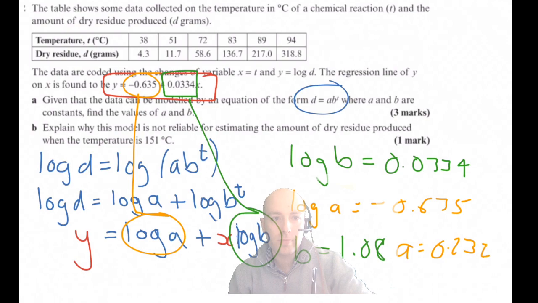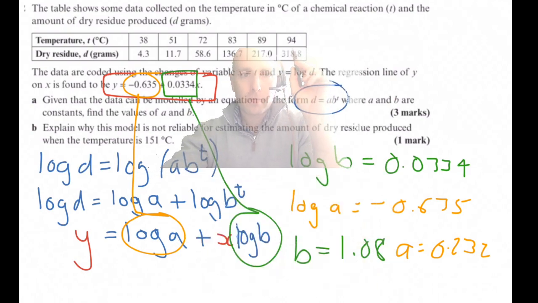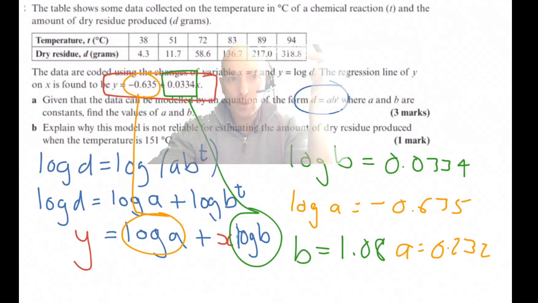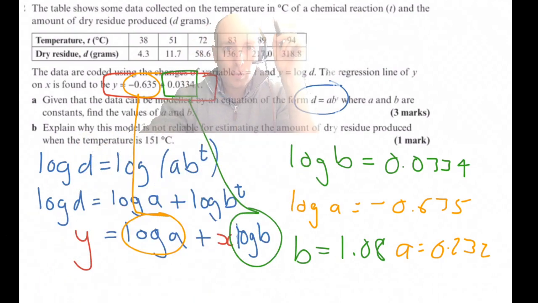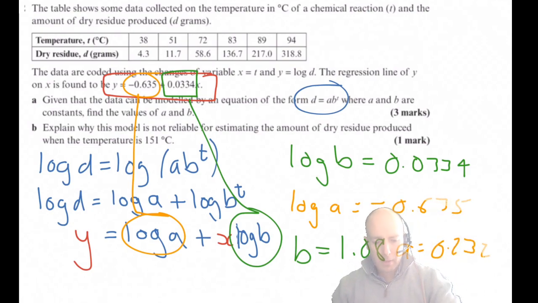Cool. Okay, last bit. Explain why the model is not reliable for estimating things when the temperature is 151. Well, if we look at the data so far, it goes from 38 to 94. But our value here, 151, is way outside of that range. So we'll say, it's the idea before, it's going to be extrapolation.